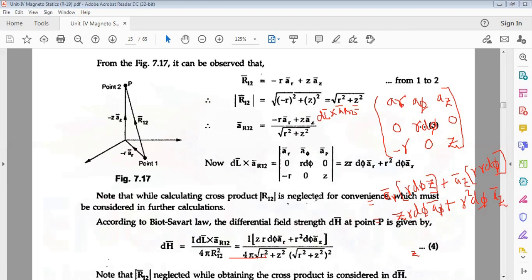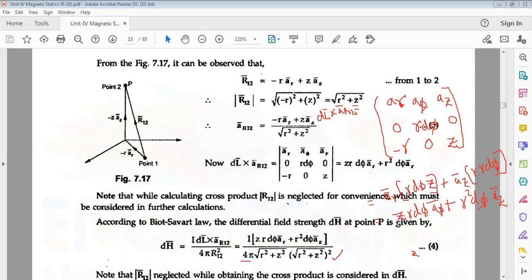In this dL bar cross AR bar, what is it? Z R dφ Aφ bar, or the Aφ AR bar, and R square dφ AZ bar. In the denominator, the 4 pi R square. R square means under root of R square plus Z square whole square is R square. And under root of R square plus Z square is A bar.